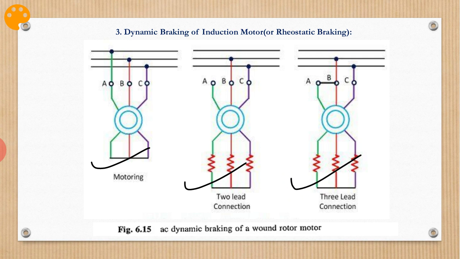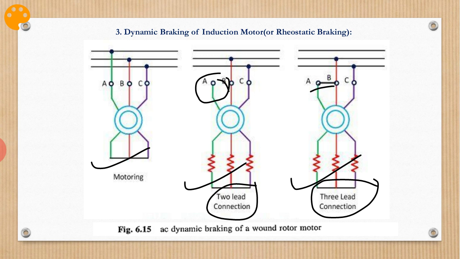In a 2 lead connection, we are disconnecting any one phase. Here in this case phase A is disconnected and B, C are left connected. This connection is called the 2 lead connection. In the 3 lead connection, the disconnected A is connected to the B. This connection is called the 3 lead connection.